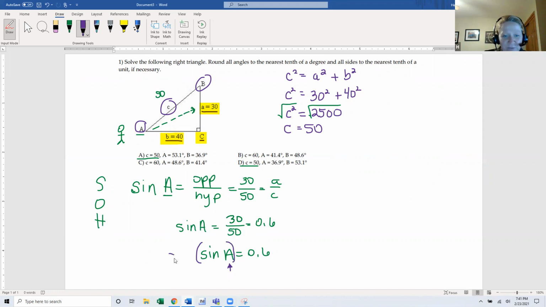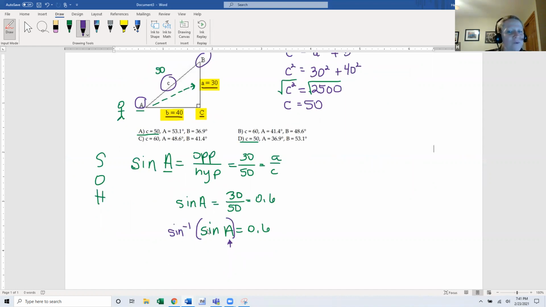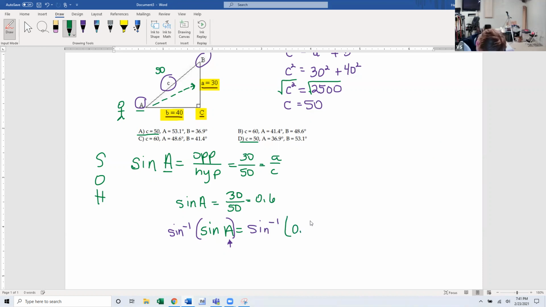All right. So we're going to use the inverse sine here. And if we do that to one side, this is our algebra part, we must do it to the other side. So I'm going to move my 0.6 over a little bit because we're also going to do inverse sine of our 0.6. We actually haven't calculated anything yet, right?